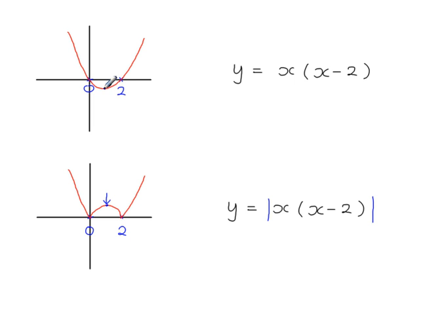And that vertex is in between these two roots, 0 and 2. So when x is equal to 1, so if you put 1 into here, you get y is equal to minus 1. So the y-coordinate here is minus 1, which means the y-coordinate after reflecting in the x-axis will be plus 1. So the coordinates for this point, 1, 1.